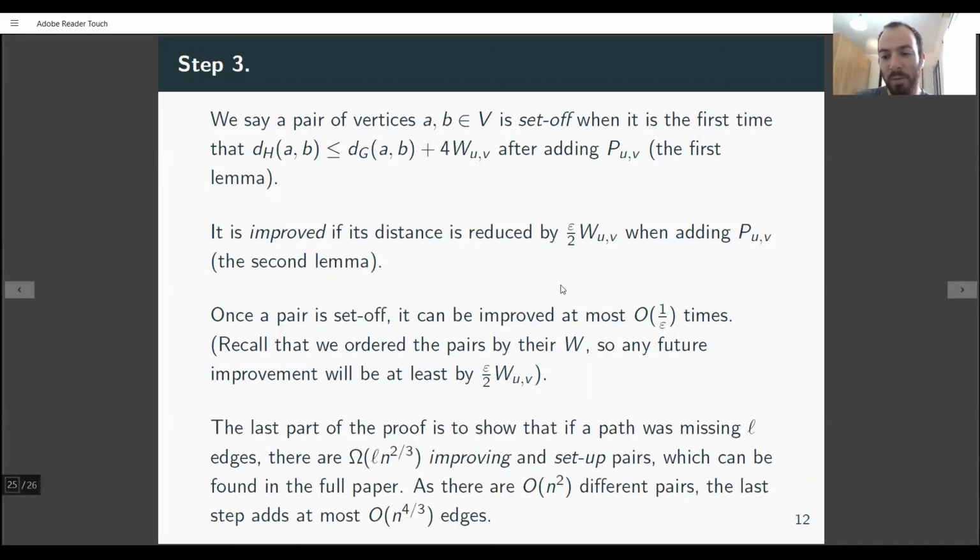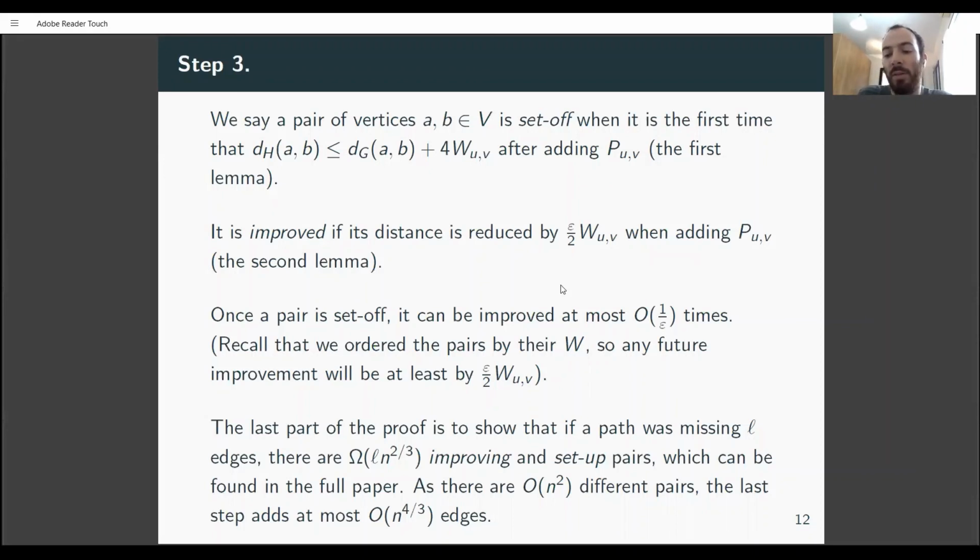Now the last part of the proof is omitted in the presentation, where we show that if a path was missing L edges, there are omega of L times n to the power of 2/3 improved and set off pairs. You can find the details in the full paper if you are interested. Now, there are order of n squared different vertex pairs in the graph.